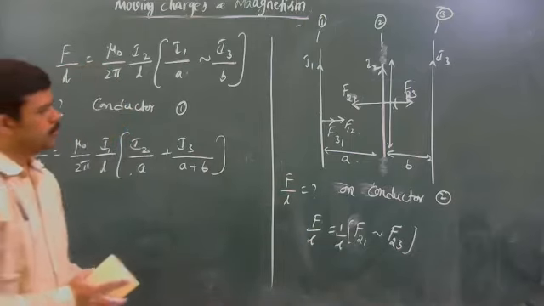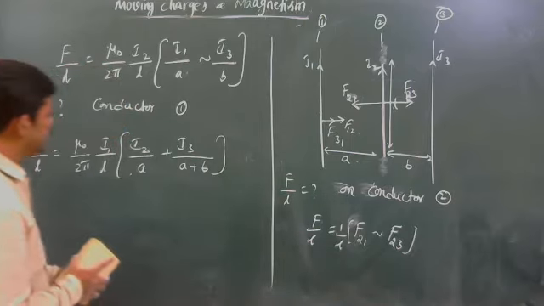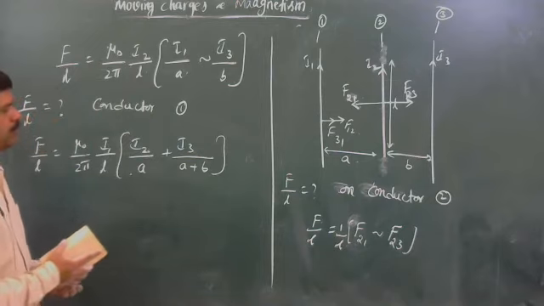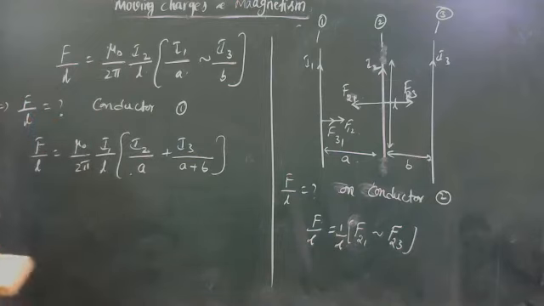I2 by B plus I1 by A plus B. Good, correct.